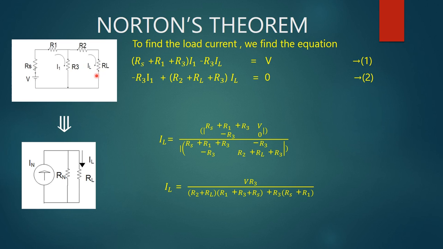We find the current through the load resistance RL by using Kirchhoff's voltage law and Kirchhoff's current law. Here are two loops. In one loop, a current I1 flows in this direction and current IL flows in this direction.